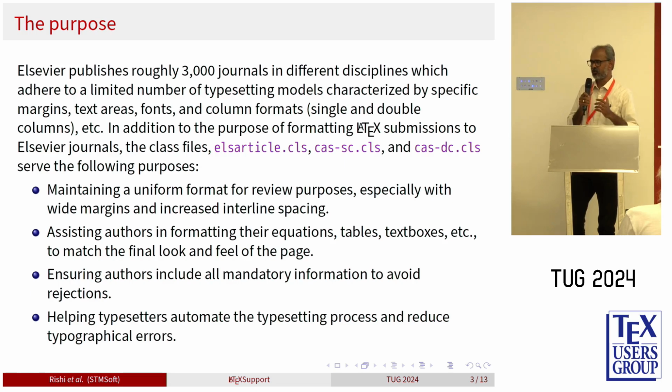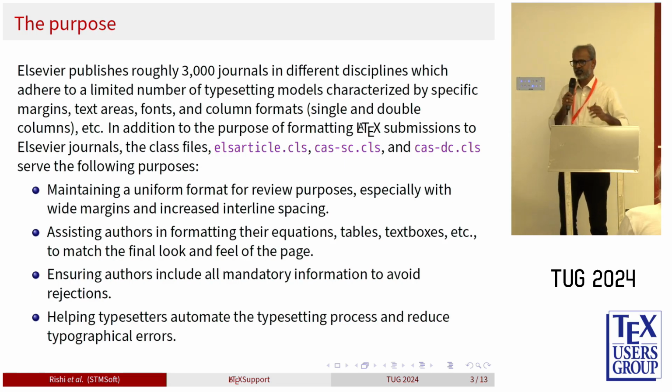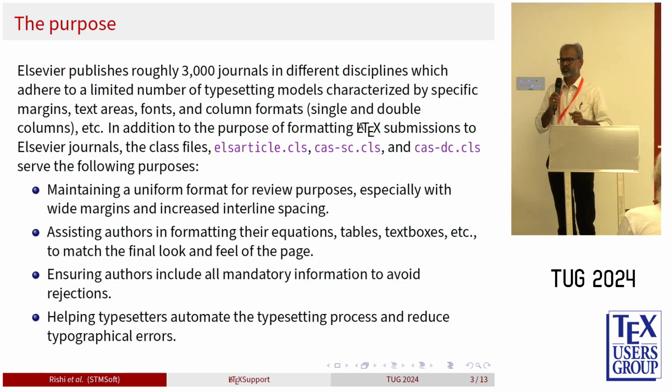But if an author uses the template or class file suggested by the publisher, the template will have all these things, so there is less chance of missing them. That is one of the benefits of using these templates.